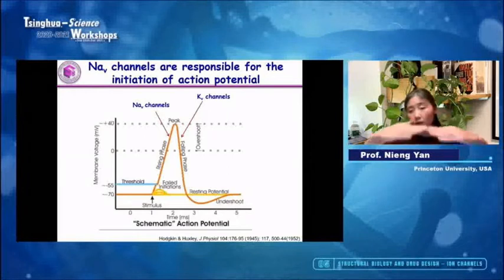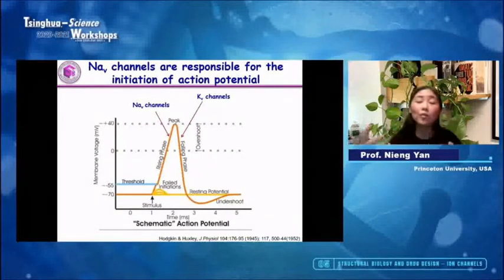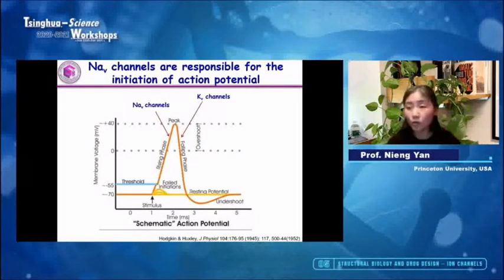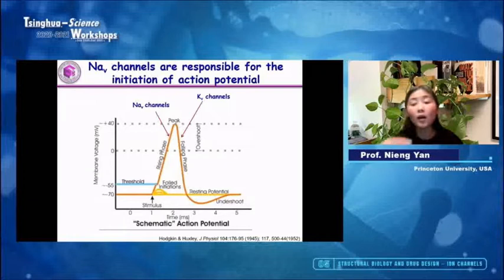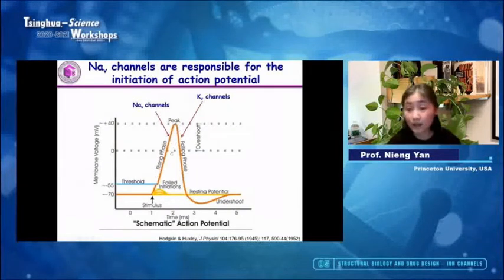This is due to the asymmetric distribution of ions, mostly sodium and potassium ions. But this electric field is not static. It fluctuates in response to different stimuli. When it goes up, we call it depolarization, all right? When the membrane potential depolarizes to a certain threshold, the voltage-gated sodium channels, which I will refer to as NaV channels, activate, which leads to a rapid influx of sodium ions, corresponding to the rapid rising phase of the action potential.